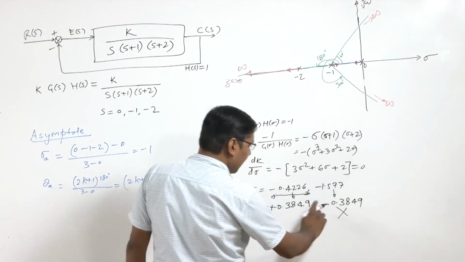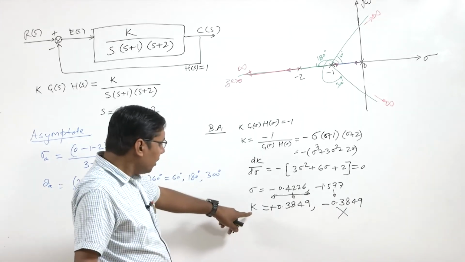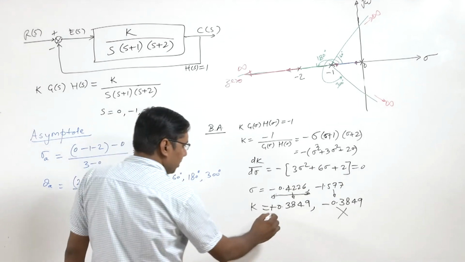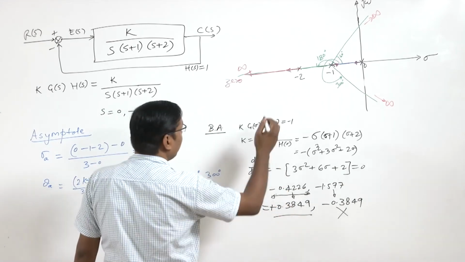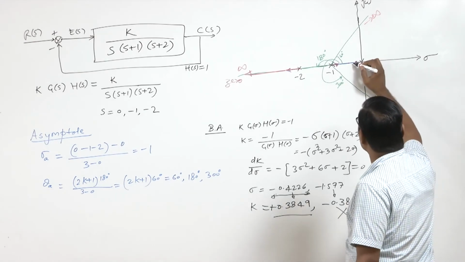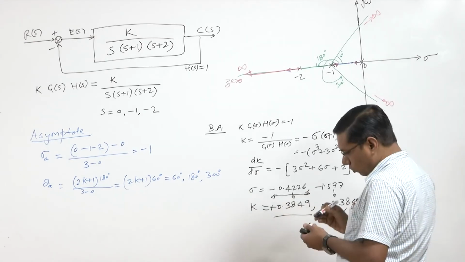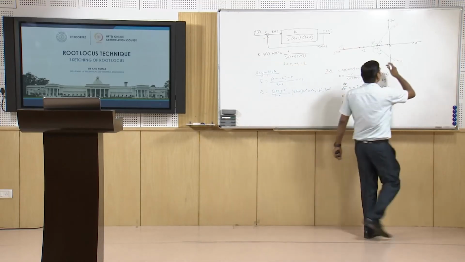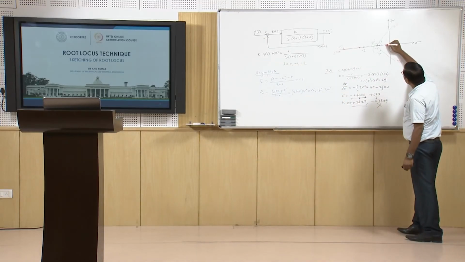So, we discard this value because we are taking positive gains. So, this is the value of gain for which, at 0.4226 here, this root locus will break away. At this point they will break away and they are going to follow this asymptote.